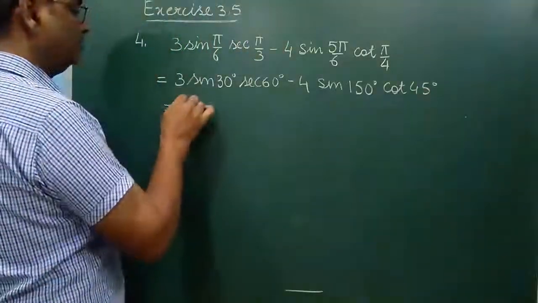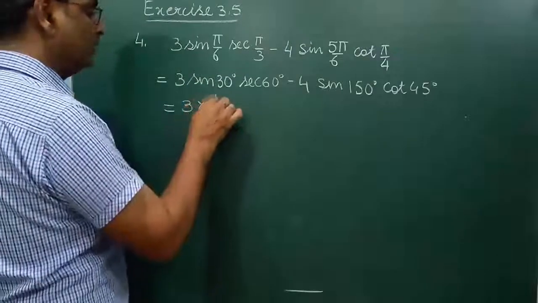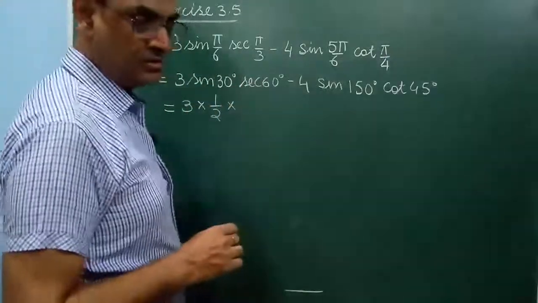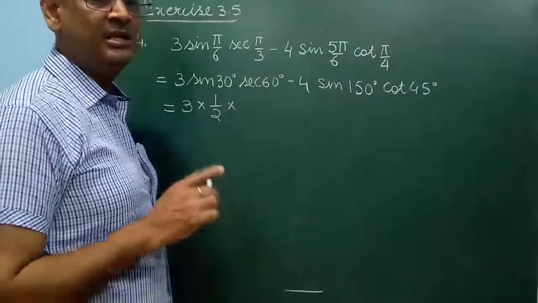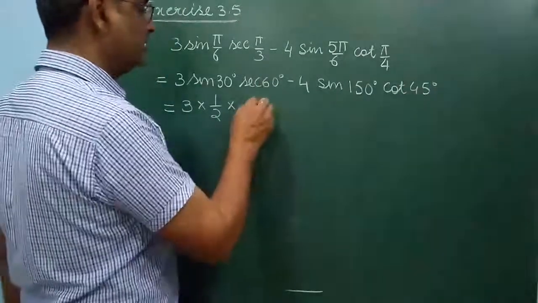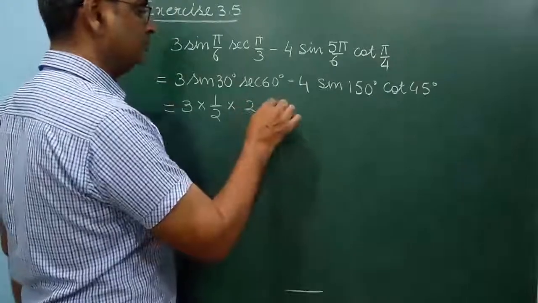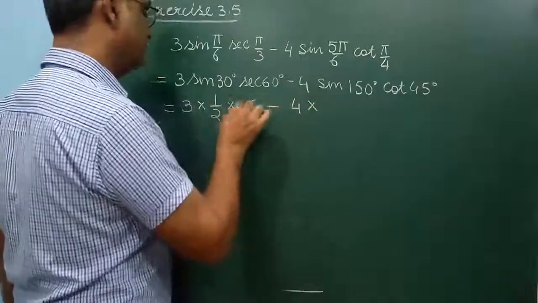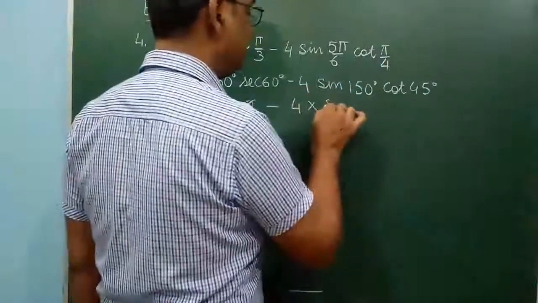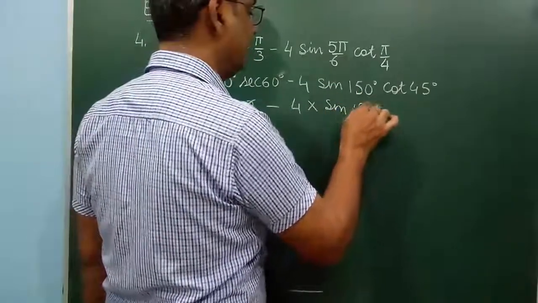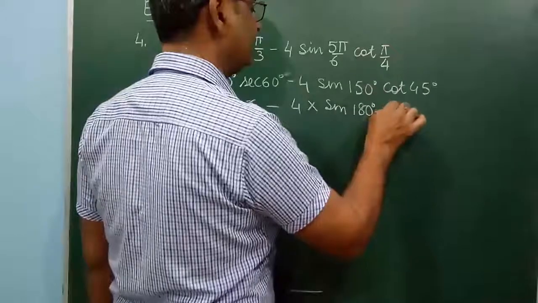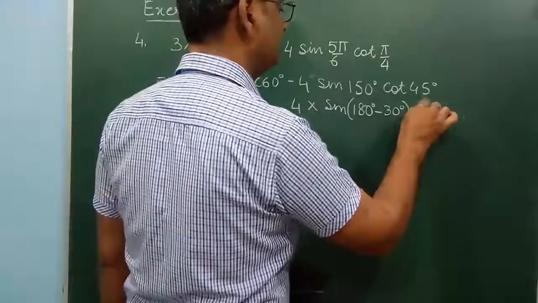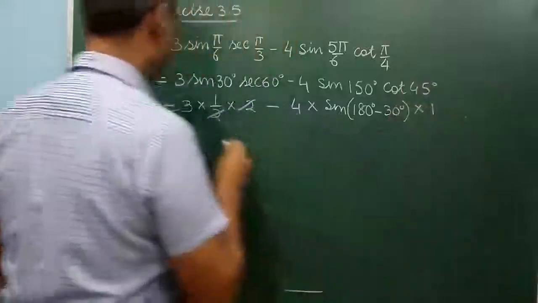This value will be 3 into 1 by 2, sec is 1 by cos, cos 60 is 1 by 2, so this is 2, minus 4 into sine 150, which we can write as sine 180 degree minus 30, and cot 45 is 1.